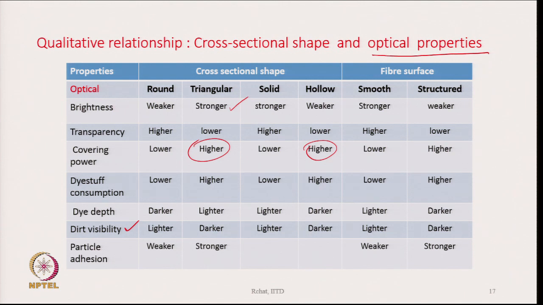So, anyway, these different properties are listed here, the property side and their effect are shown in this table. Such a table, even if we do not have the exact values here, will help us to choose the right type of shape or the surface characteristics of the fiber.